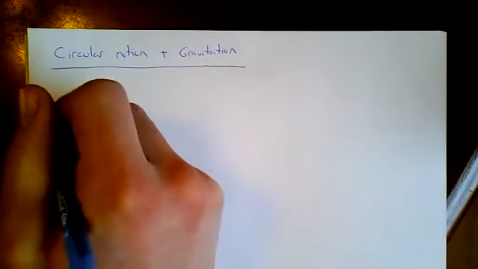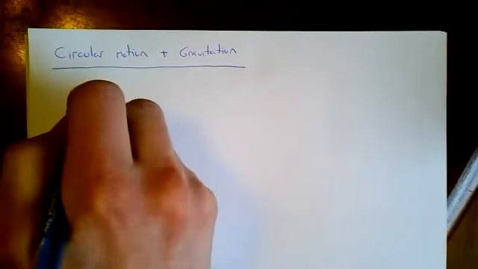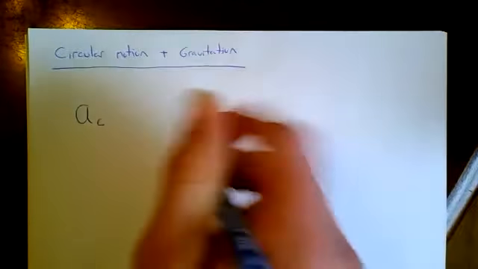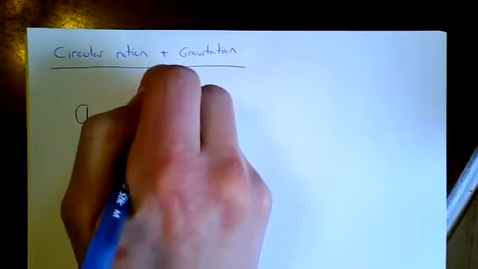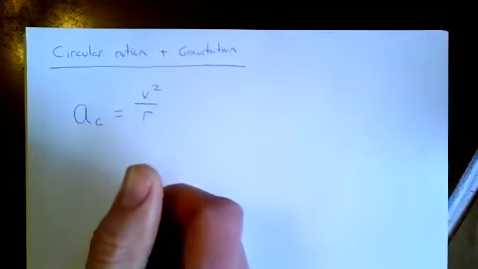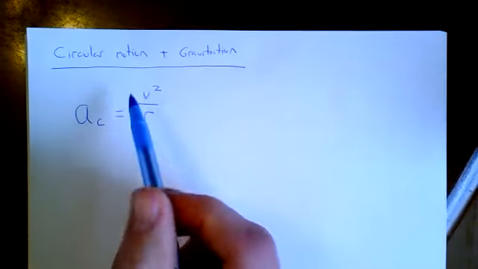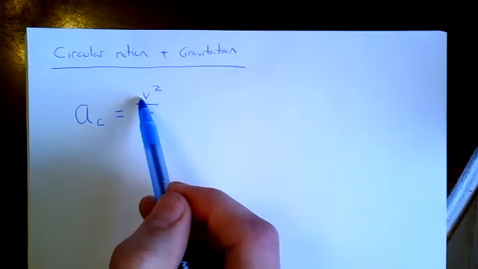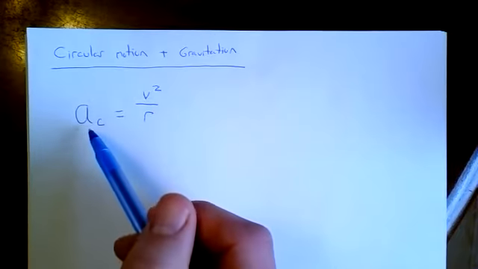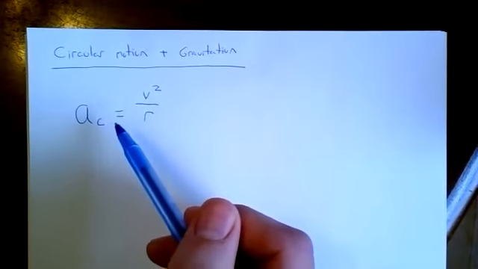So first of all, the one key equation here is that centripetal acceleration, a sub c, equals v squared divided by r. Notice that we square velocity here, so we lose the sign of velocity, but that's no problem because this already tells us direction.